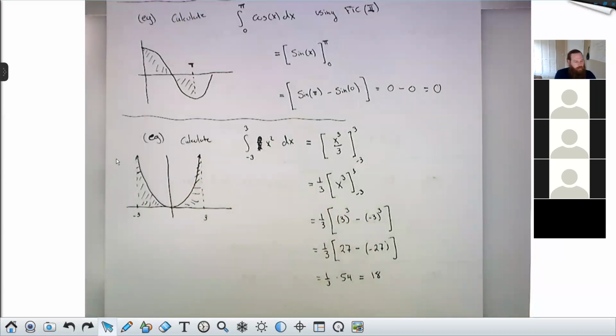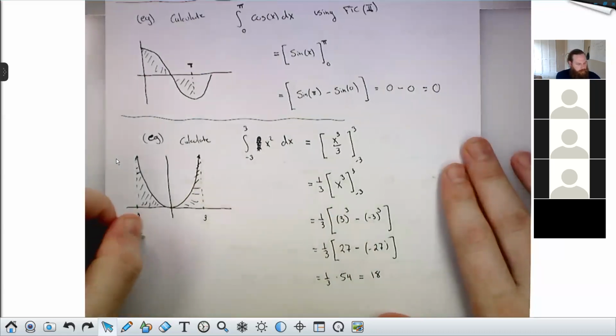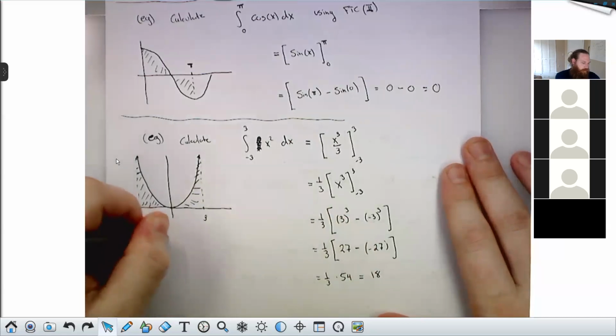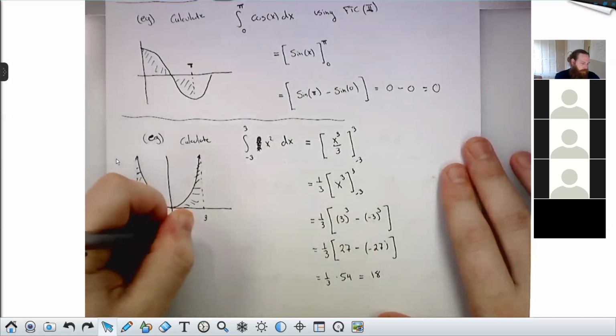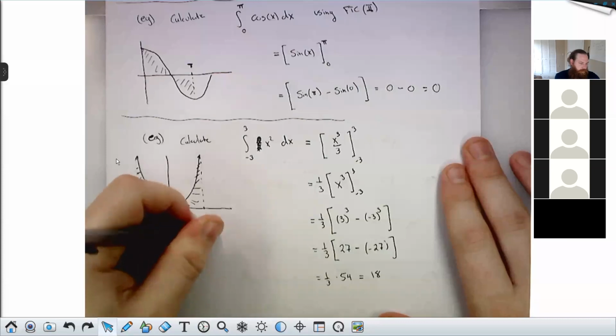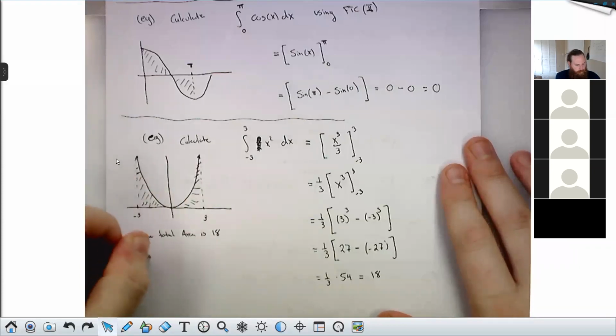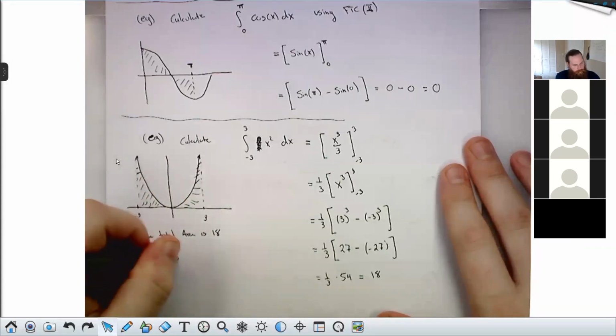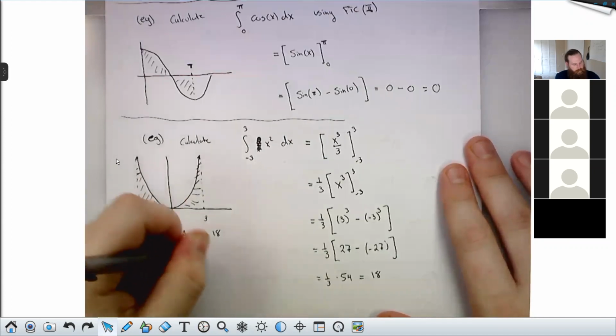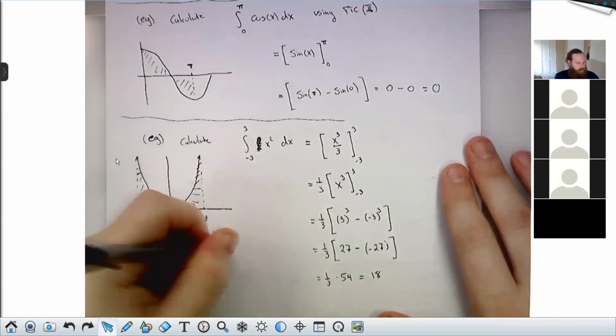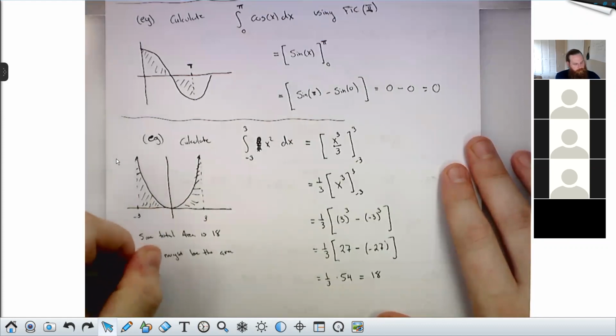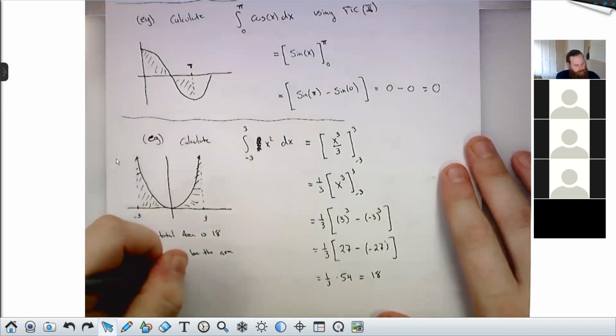Okay, fun question now. Since the total area is 18, what might be the area from 0 to 3?